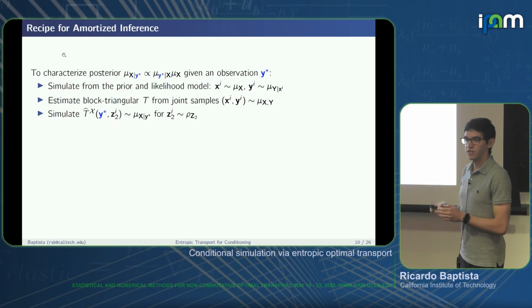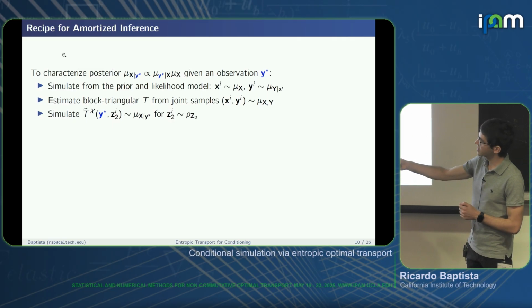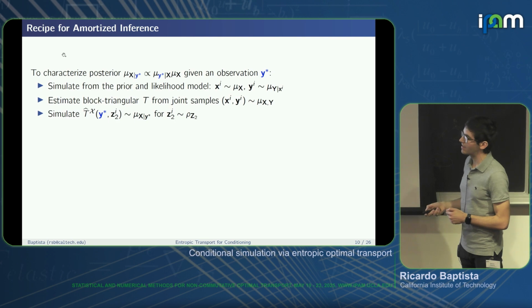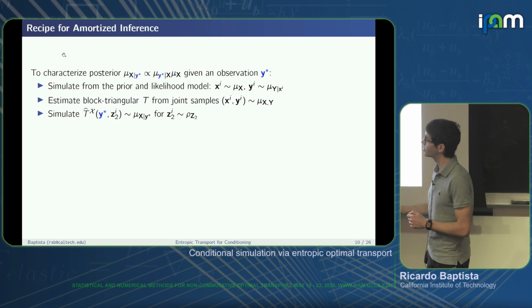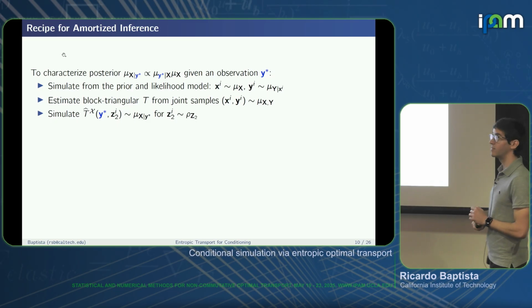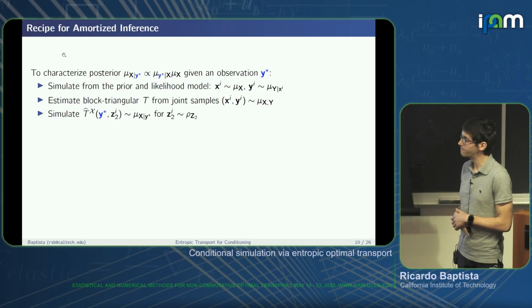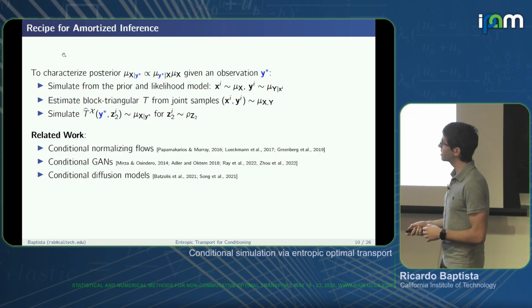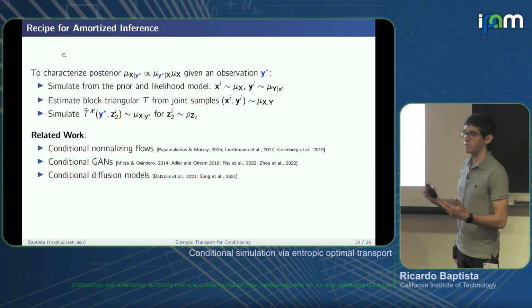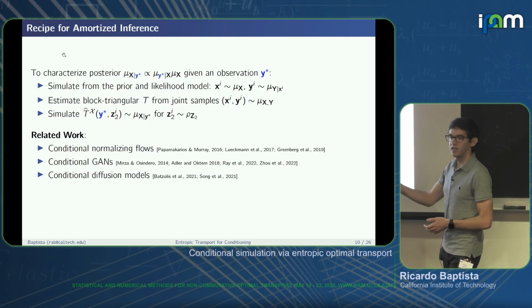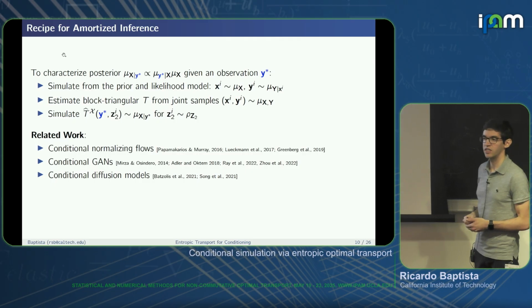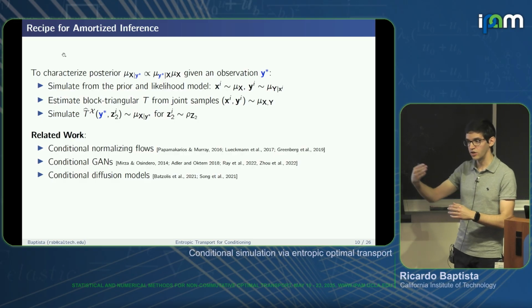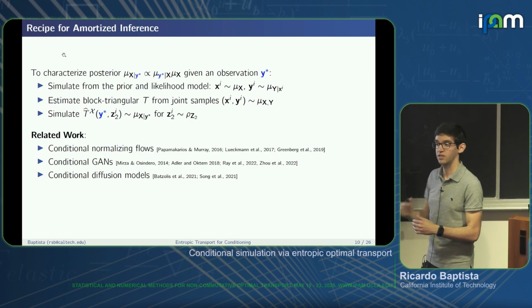And then given a particular conditional we're interested in, y star, we can simulate from the conditional by evaluating the map tx, the second component of the map, at y star and some standard Gaussian reference samples. And I would say that this is really the picture to have in mind that underlies a lot of recent conditional generative models, things like conditional normalizing flows, conditional GANs, even conditional diffusions. Really, they're taking samples of a joint and then learning this parametric dependence on the conditioning variable.